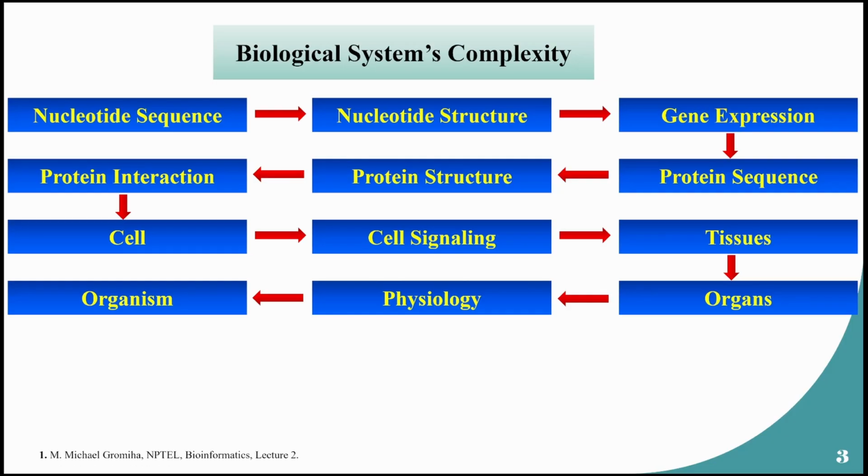This was taken from Sir's lecture 2 slides. So that is the broad idea of the entire complexity of different biological systems and how you can incorporate bioinformatics in all of those. This was just to let you know that it is possible to incorporate this kind of informatics analysis in every biological system that you can think of, right? Okay.